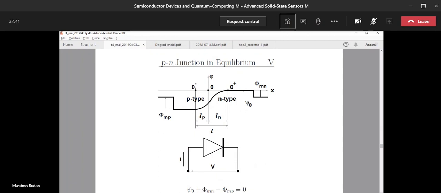So when you place a metal attached to a semiconductor, you have a discontinuity in the electric potential that we already talked about. It is called the work function difference between the two materials, okay? In principle, it is similar to what happens in the p-n junction.